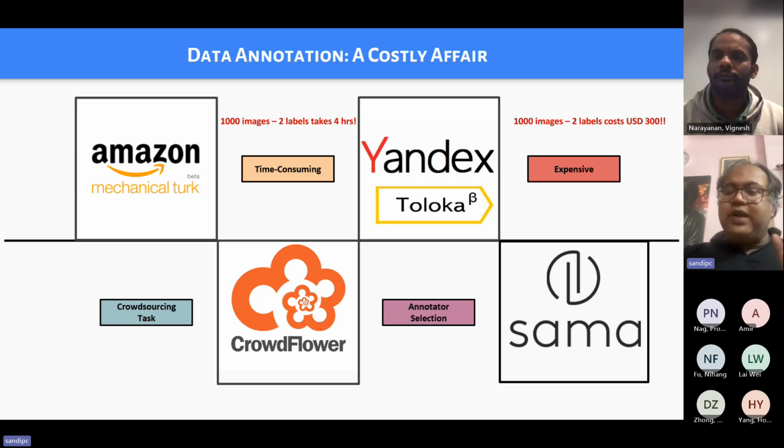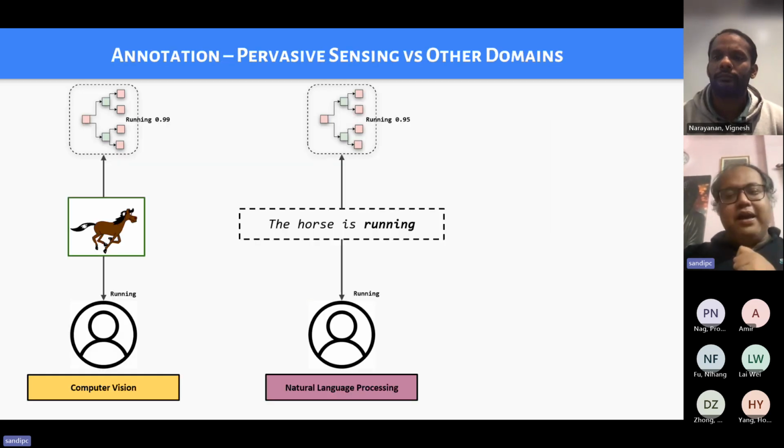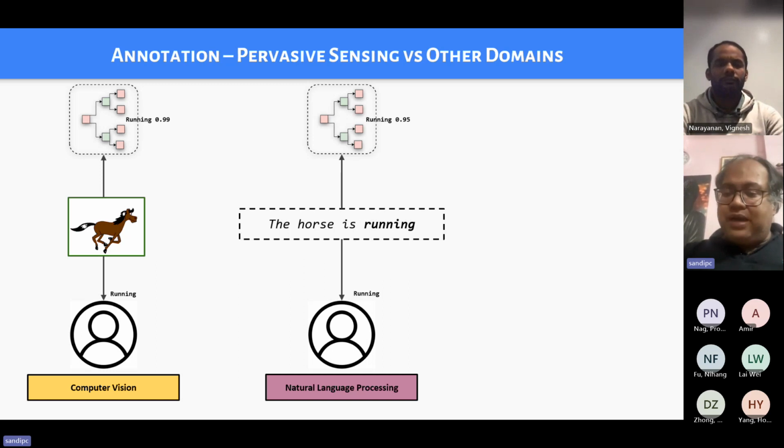But if you look into the nature of data annotation, here comes a very interesting observation. If you look at other domains like computer vision or natural language processing, in computer vision, for example, you have a video given. By looking at that video, you need to annotate the data, and that annotation can be of multiple different types.